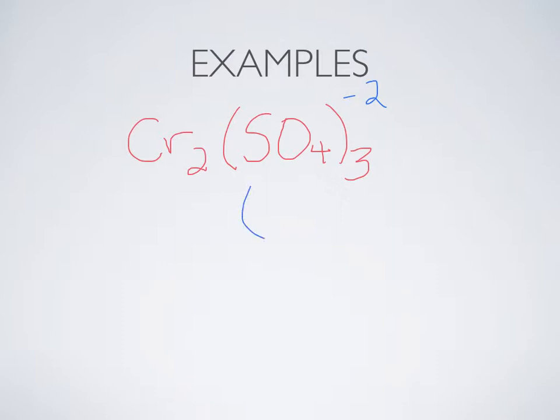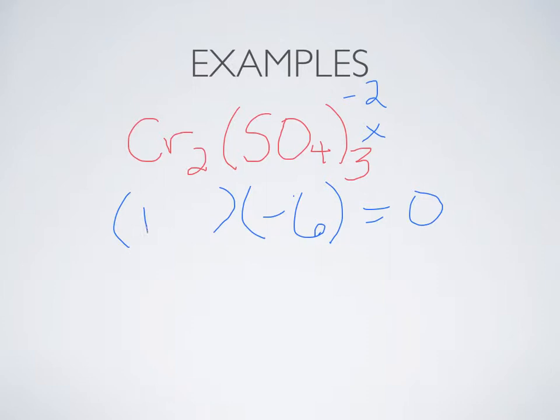And one more example. We have Cr2(SO4)3. So I know what SO4 is, and it's -2. So it means this side's -2. Well, it's -6. How did I get number 6? I multiplied these two numbers, but I have to make 0.